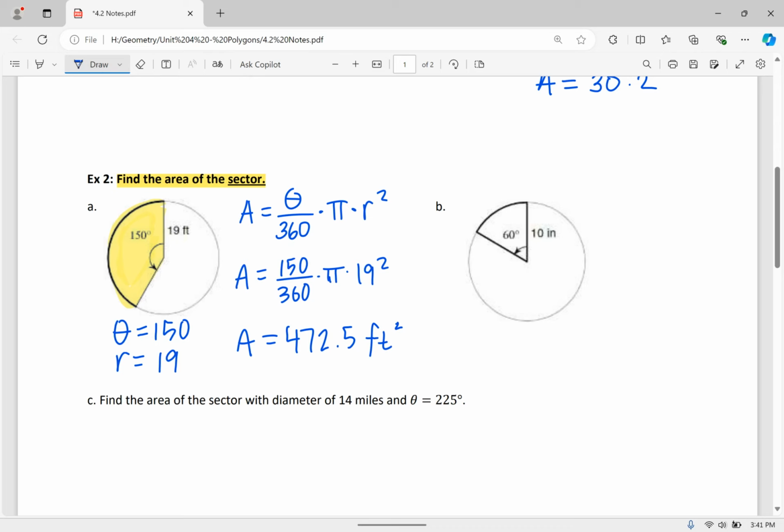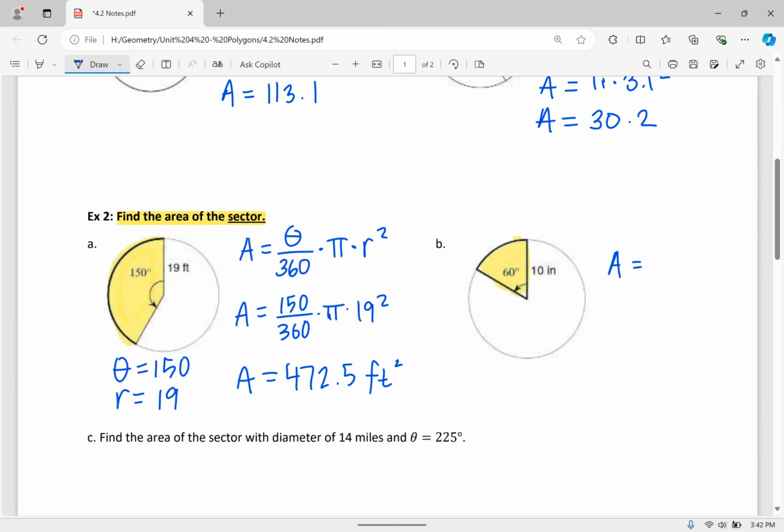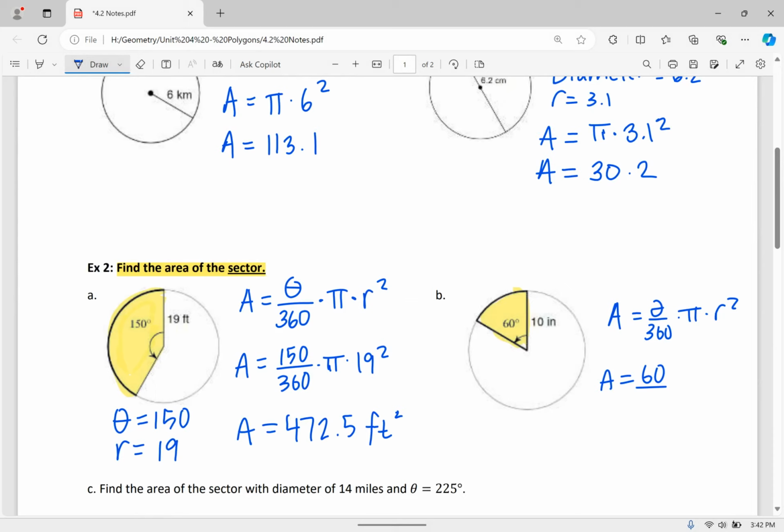Let's try that again. So again, we're finding the area of the sector. That's this little piece of pie here of that circle. Again, the area of that section is the angle divided by 360 times pi times the radius squared. The angle is 60, times pi times 10 squared.